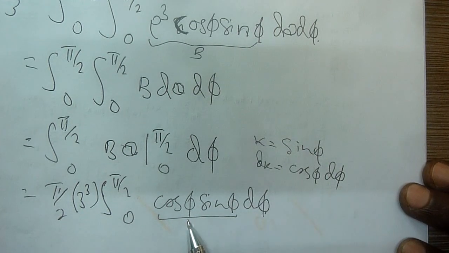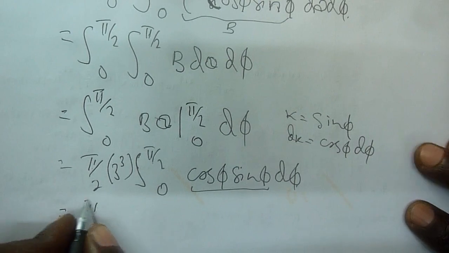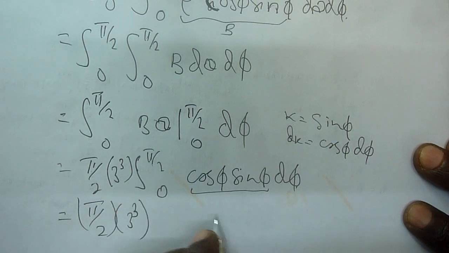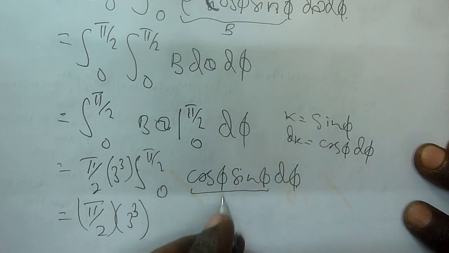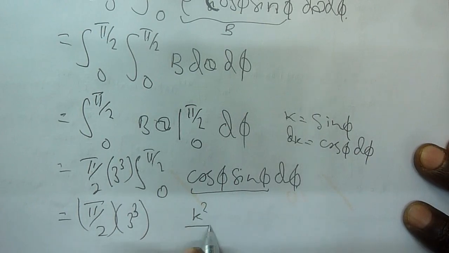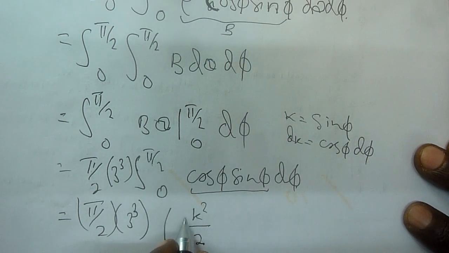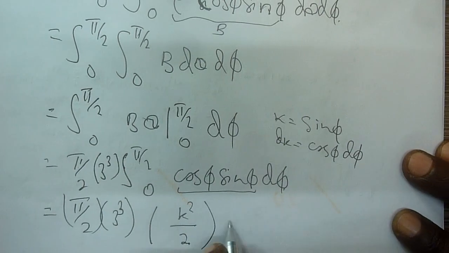Can I substitute here? Yes. That means pi over 2, okay, 3 over 3, and this one is k power 2. Can I substitute straight away? Can.